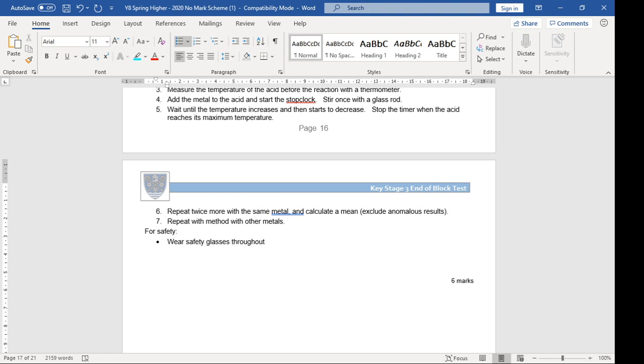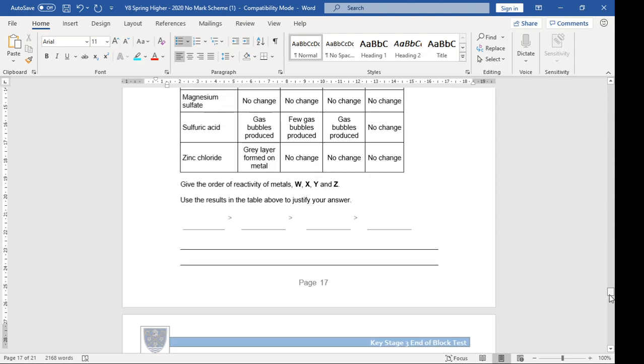That would probably be the main thing for this experiment. Another thing you could do is have the reaction beaker in the centre of the desk, so it's not near an edge.